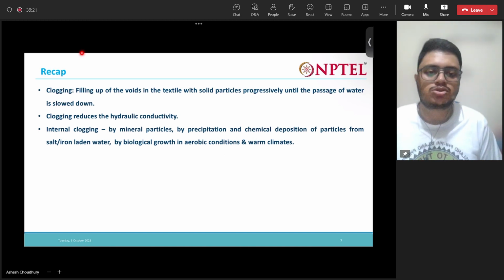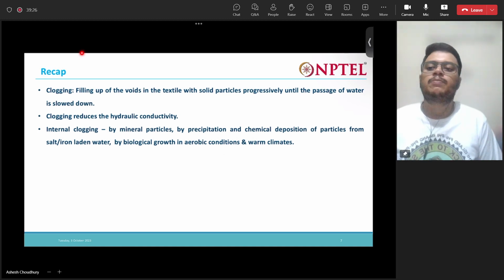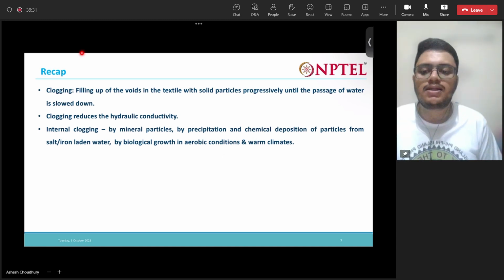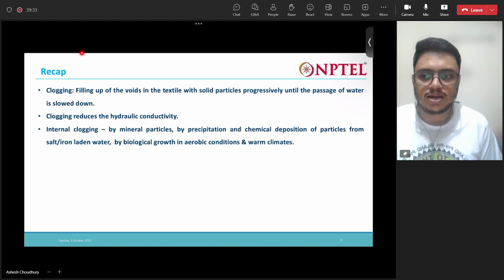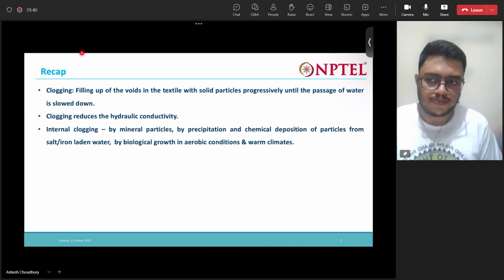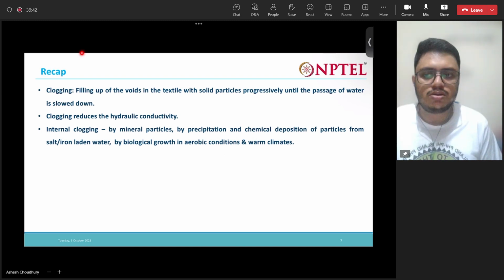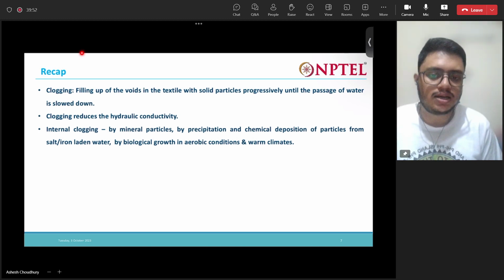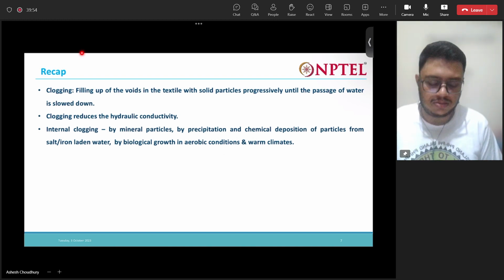So one clogging is due to the deposition of the fine soil particles, and the other clogging is due to chemical and biological effects, the deposition of soil particles by biological growth. Clogging can happen due to these two reasons: one due to the soil particles, another due to mineral particles and chemical and biological deposition.